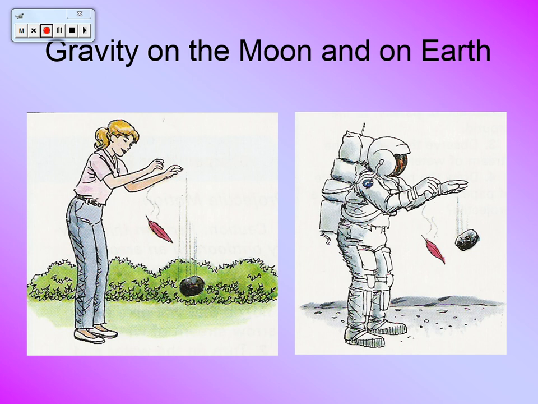Heavier objects experience what? Greater what? Net force. Okay? Heavier objects experience greater net force. But heavier objects also have more mass. More net force should do what to the acceleration?